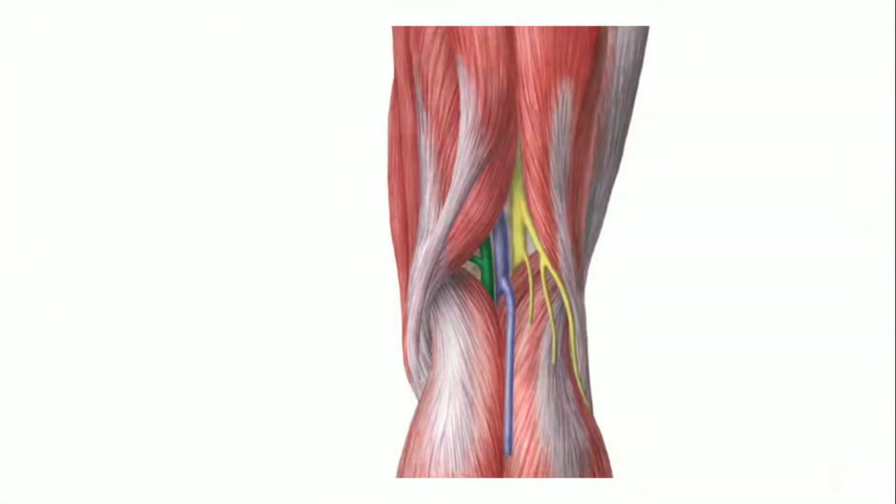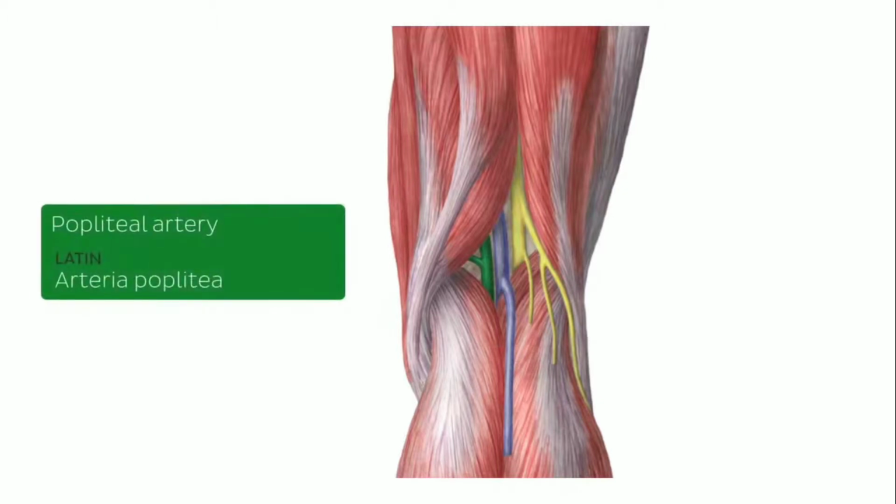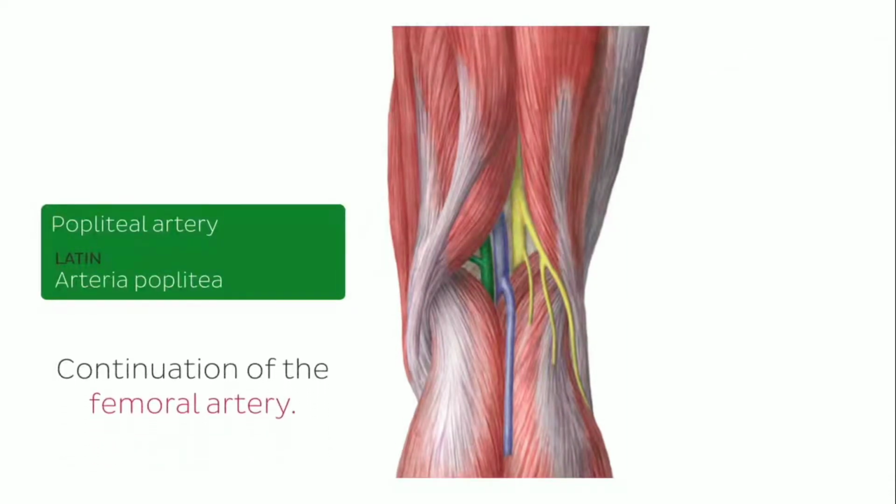And before you ask me what is going on in this image, I'm going to just say that this is the back of your knee with the several muscles that we're going to be finding in this region and some of the blood vessels and nerves. And we're highlighting the artery that we're going to be briefly talking about, the popliteal artery. Now, this blood vessel is the continuation of the femoral artery, which is the main arterial blood supplier of your leg.